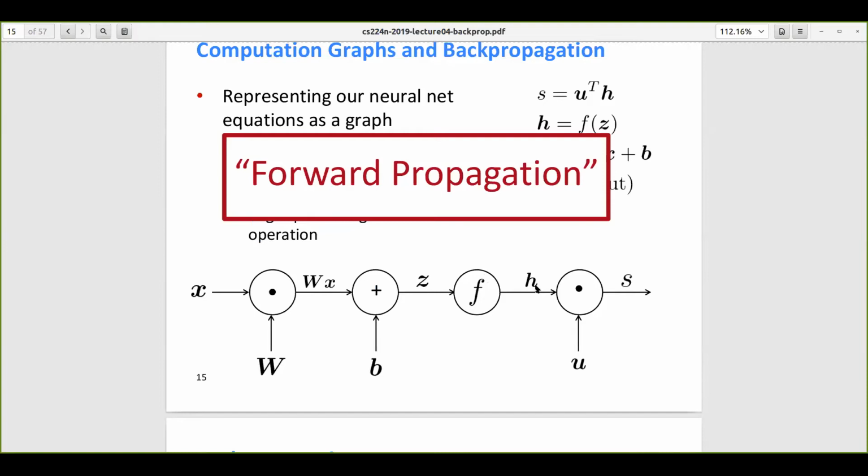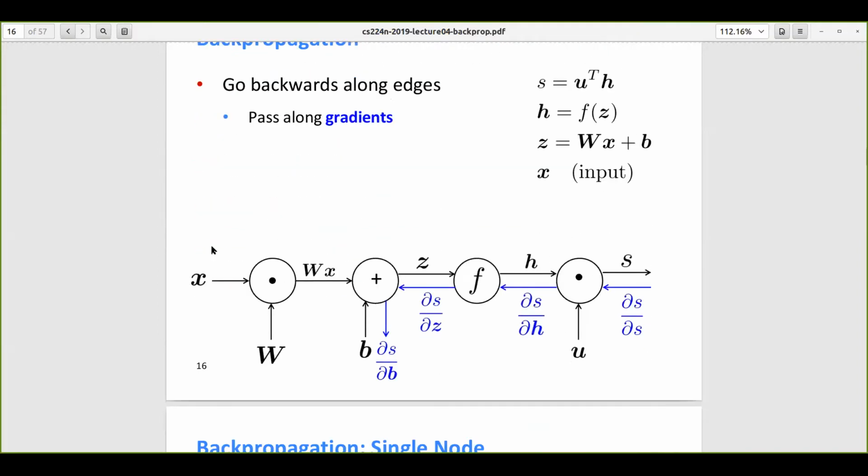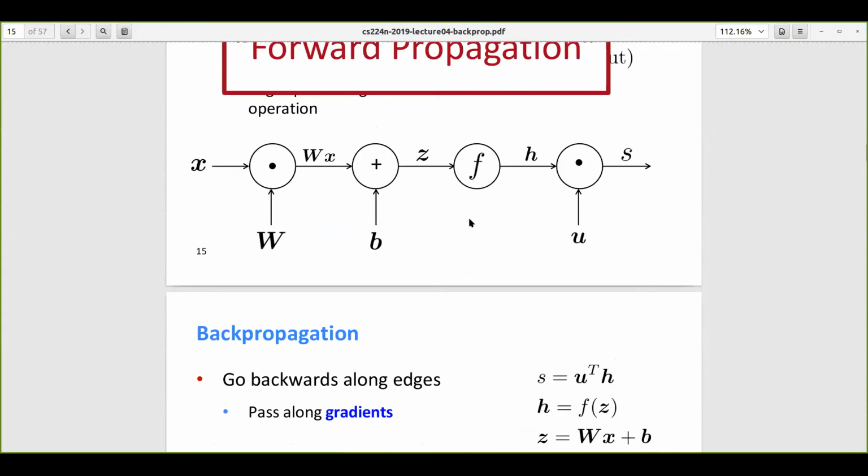Then H, the output of the first hidden layer, is multiplied again by another weight matrix, and it gives us the final output. So this is what we had in the forward propagation.